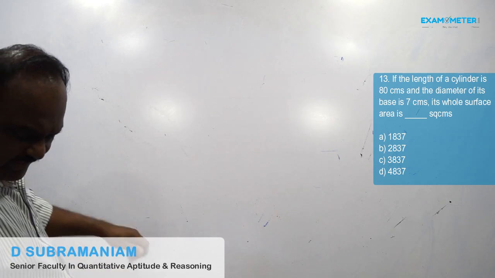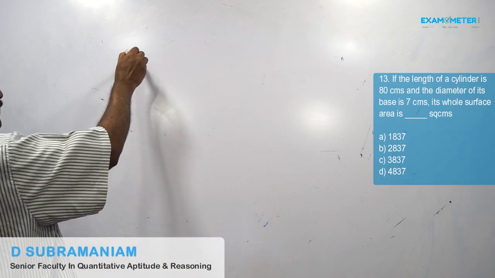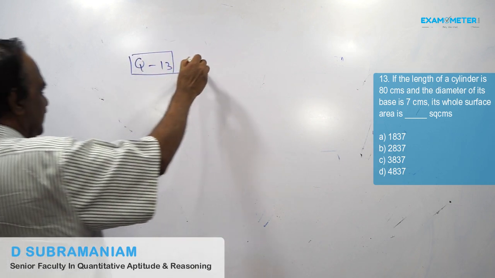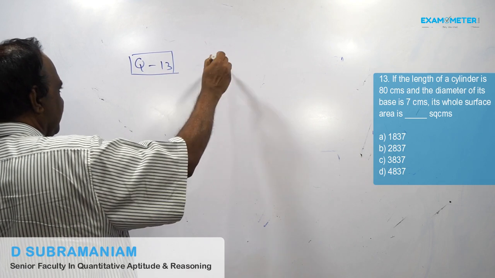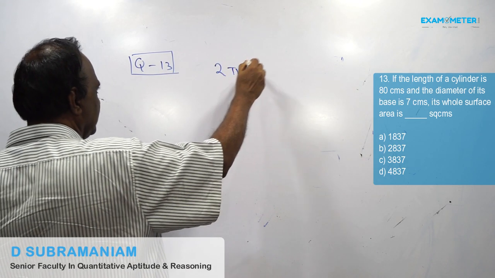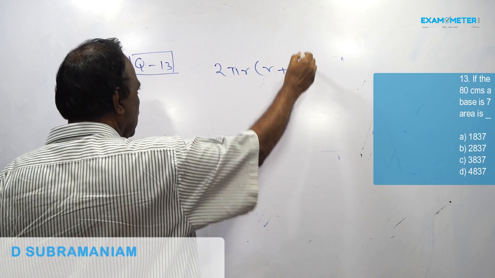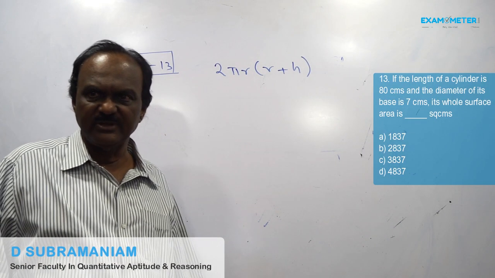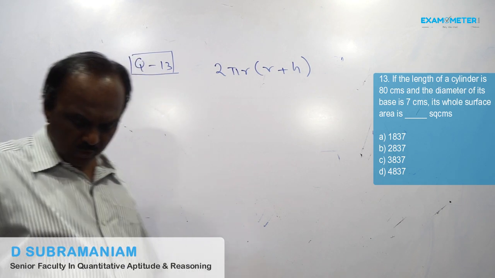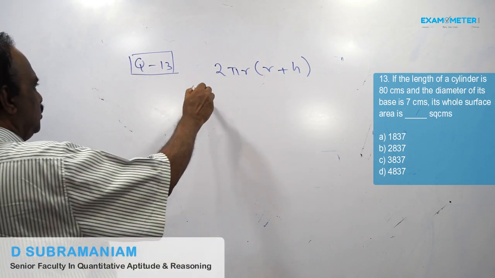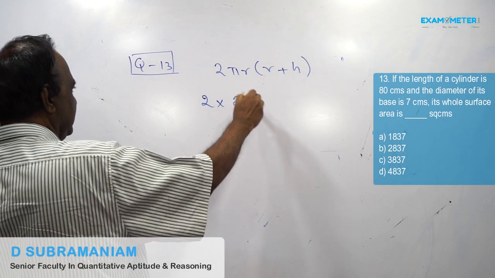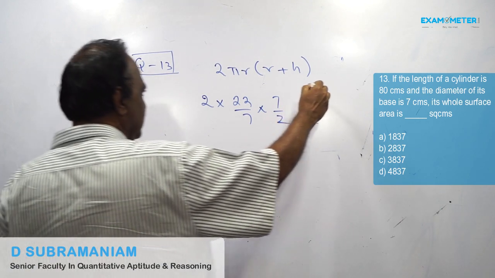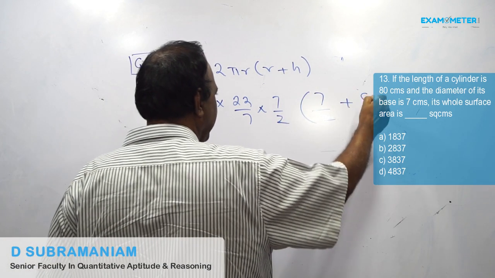Whole surface area of a cylinder is 2 pi r into r plus h. 2 into pi value into diameter is given, so radius will be half of the diameter.